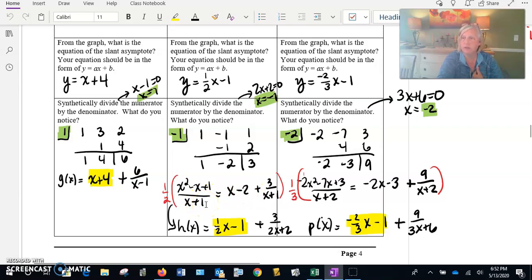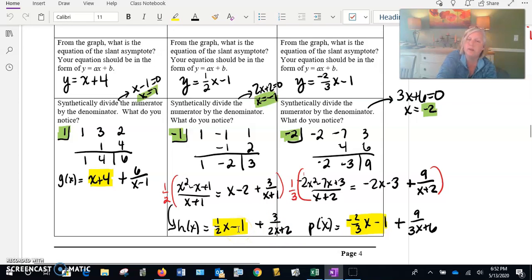What we really wanted to divide by was 2x plus 2. So I have to multiply by a half, or divide everything by 2. And notice that when I divide everything by 2, x over 2 is this 1/2 x, negative 2 over 2 becomes this minus 1, and then that becomes 3 over the 2x plus 2.